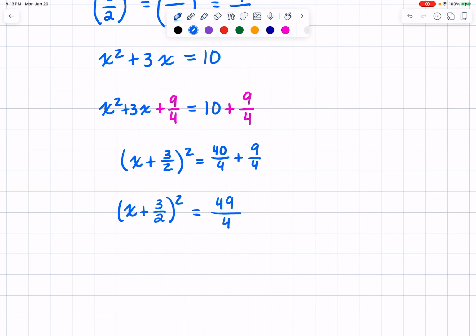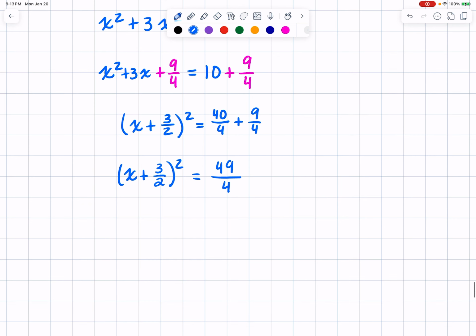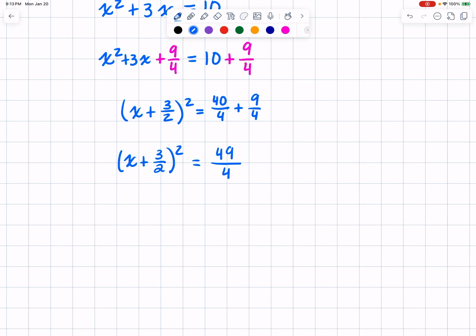All right, so now what we're going to do is finally we get to use the square root property. So we're going to take the square root of both sides. So I'm going to end up with x plus 3 over 2 equals plus or minus the square root of 49 over 4.